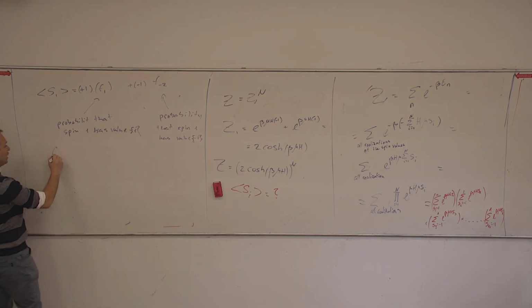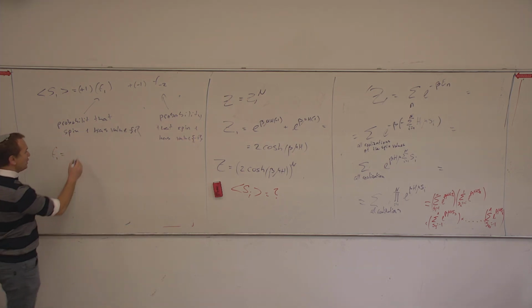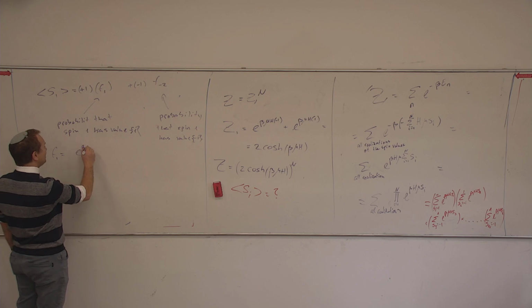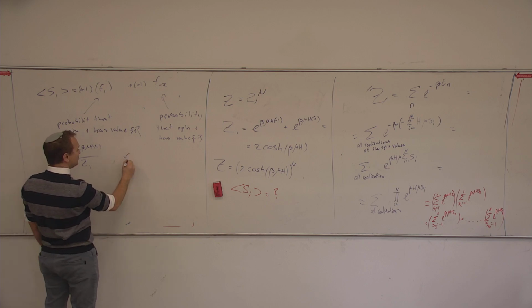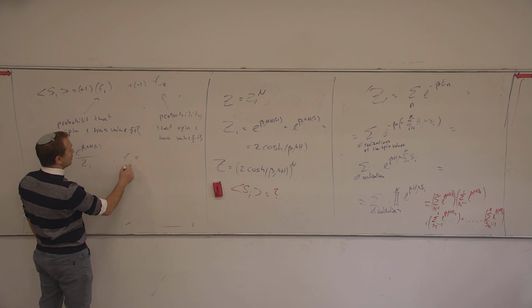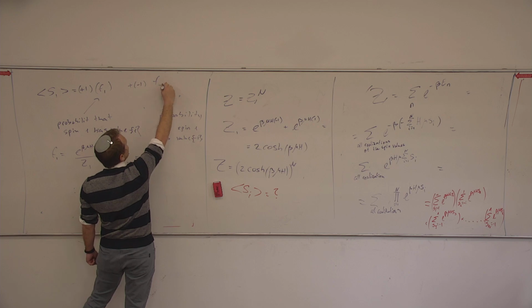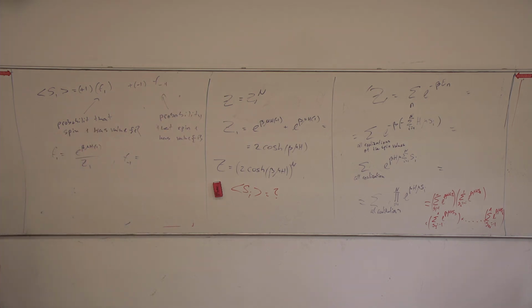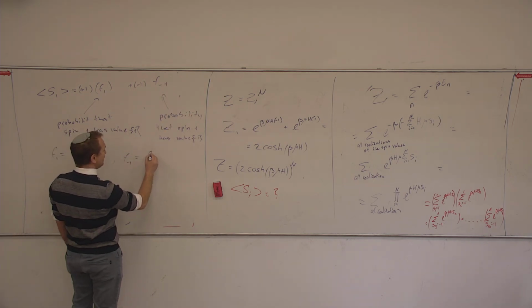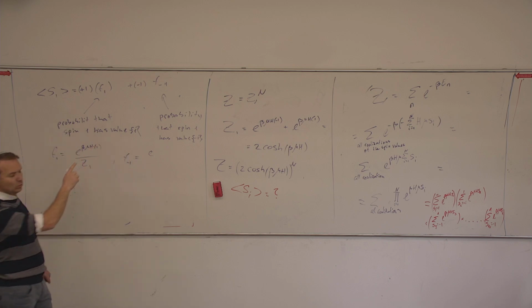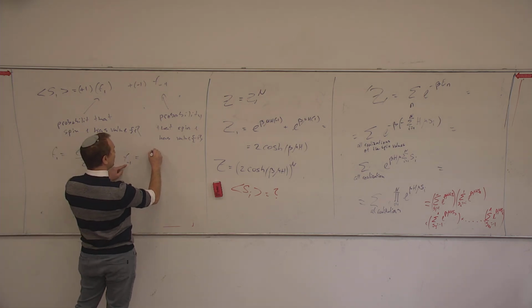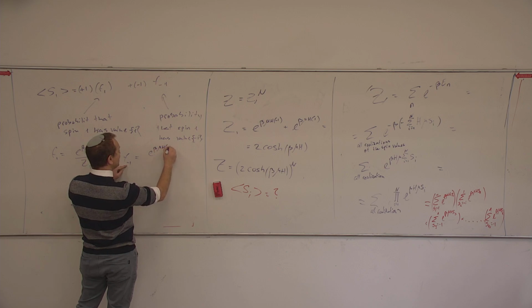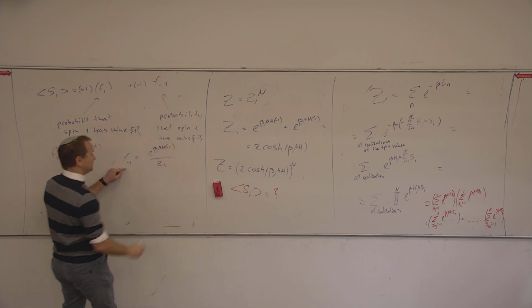So F1 equals e to the power beta mu h multiplied by 1 divided by Z1. And F minus 1, I'm sorry, it's not minus 2, it's minus 1, is the probability that the spin has the value minus 1, so it is e to the power beta mu h times minus 1 divided by Z1.